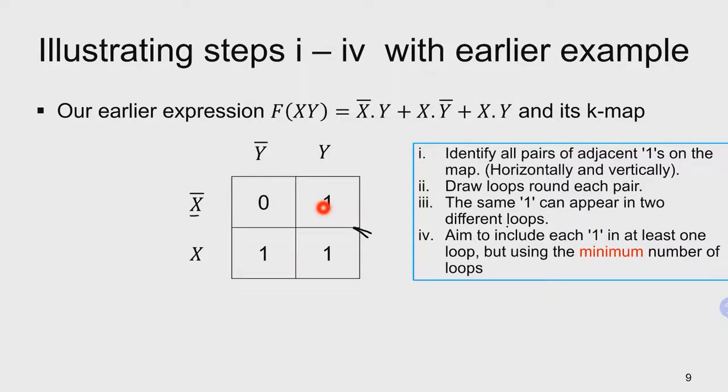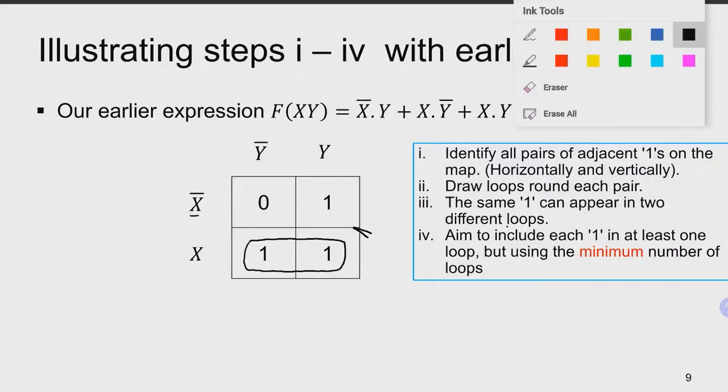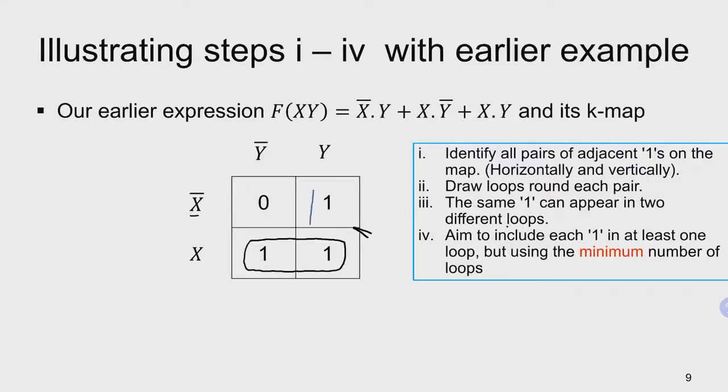Okay, so we want to draw loops. We draw a loop horizontally around a pair of 1s, and then we draw another loop vertically. So we have 2 loops.